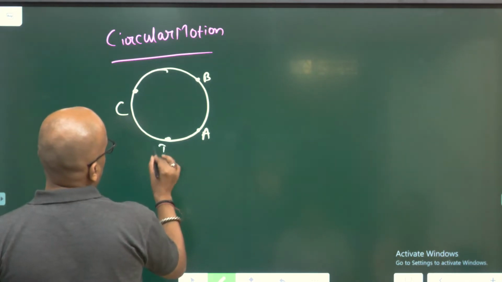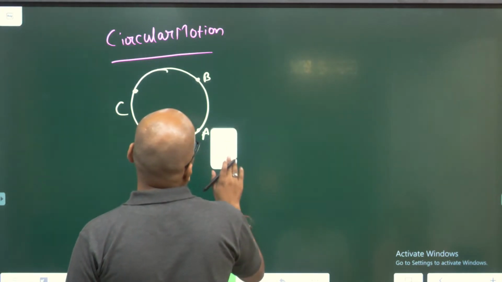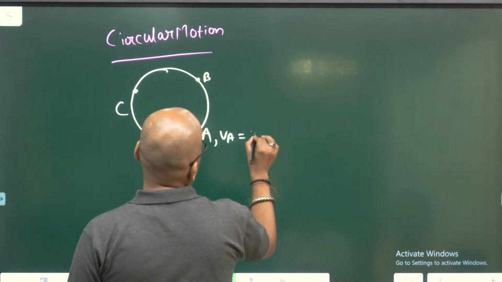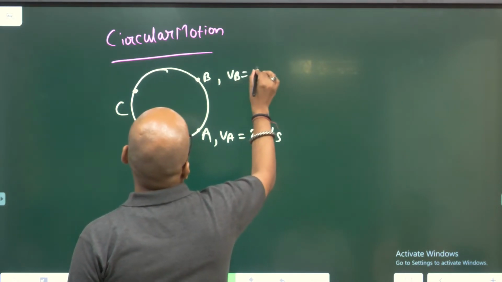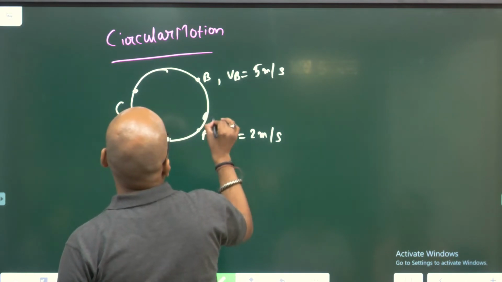It isn't looking like a circle, now it is D. So here your velocity can be at A 2 meters per second. At B it can be 5 meters per second. At C body is going like this.